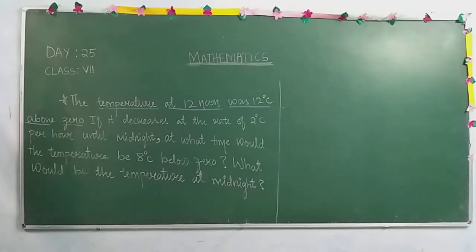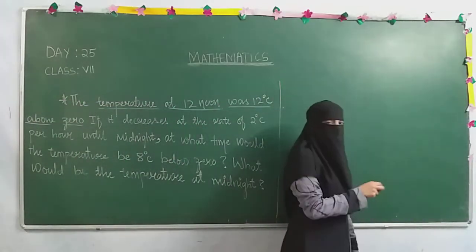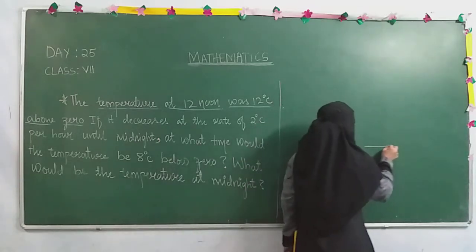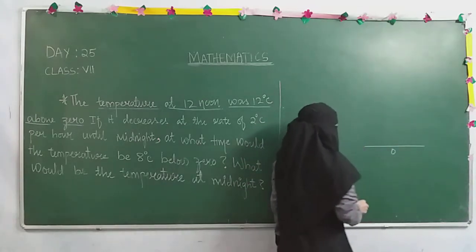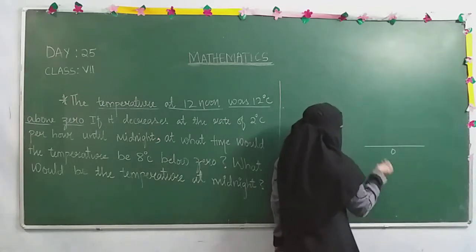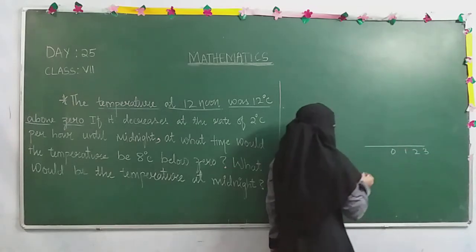We have already discussed the number line. On the number line we can represent numbers in two ways, horizontally and vertically. This is the horizontal way. Exactly at the center 0 lies, and on the right side of 0 are the positive numbers 1, 2, 3.